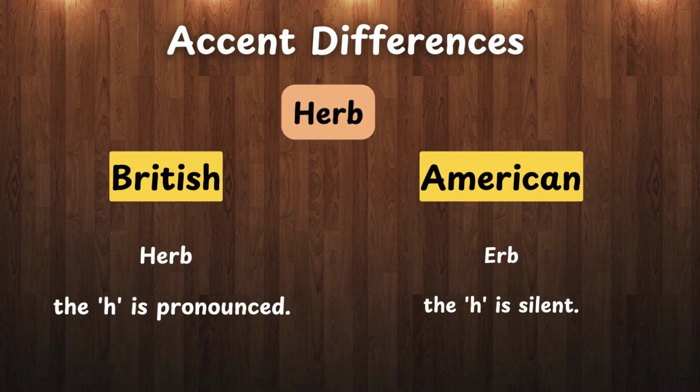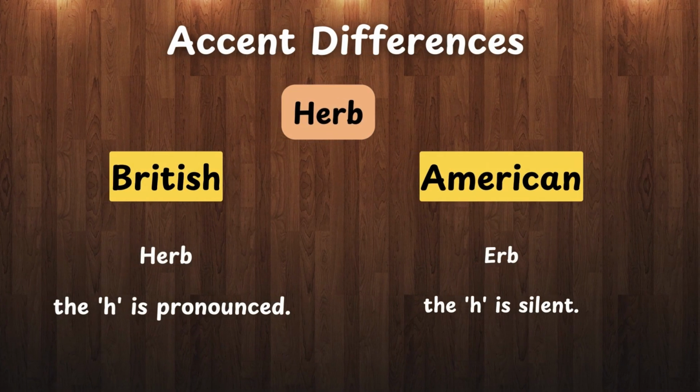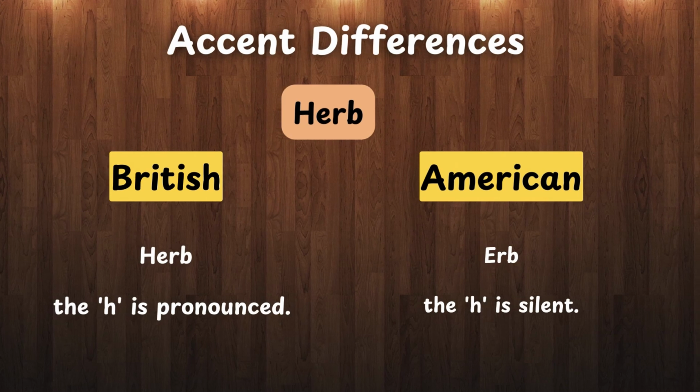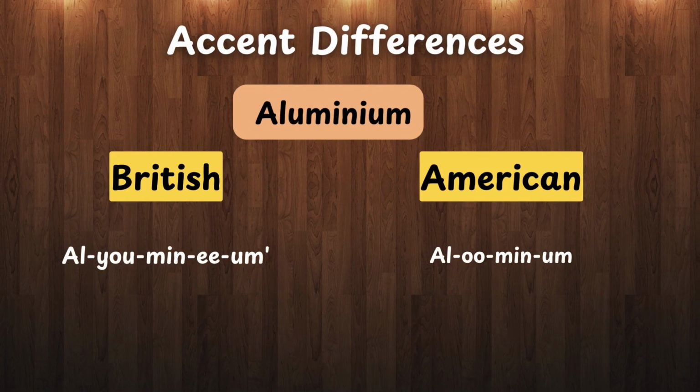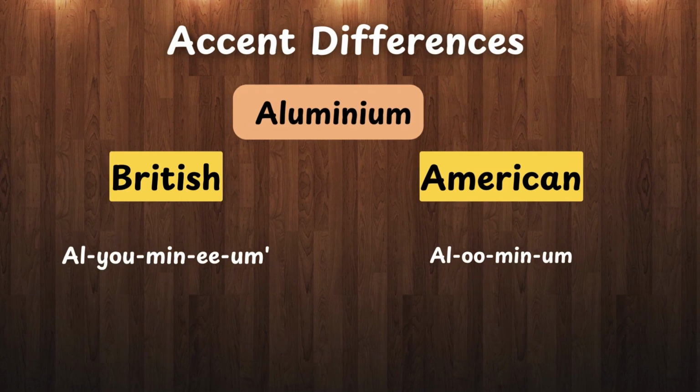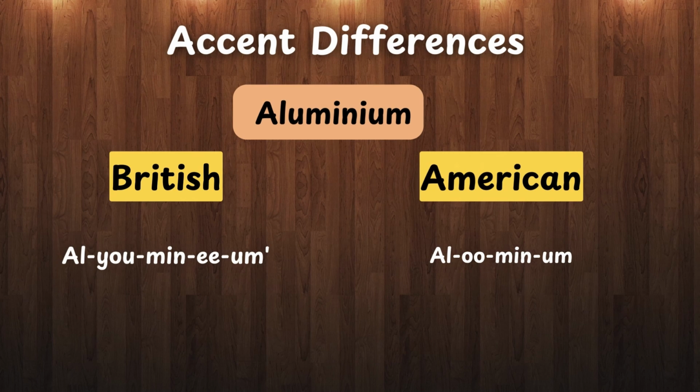Next word, the British speakers say herb, H is pronounced, but in American English they say herb, H is silent. Next word, the British speakers pronounce it like aluminium, and in American English they say aluminum.